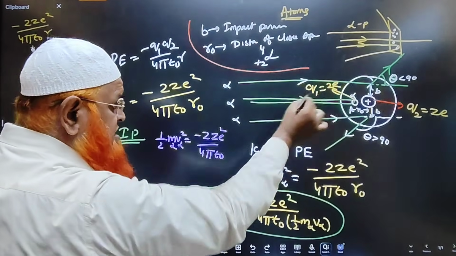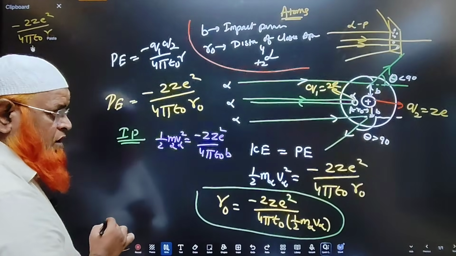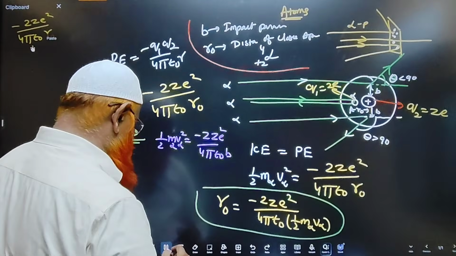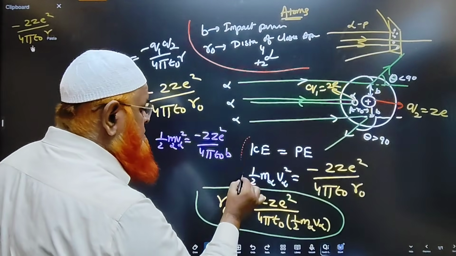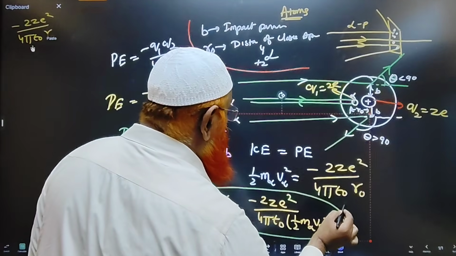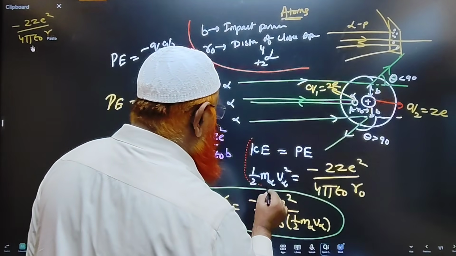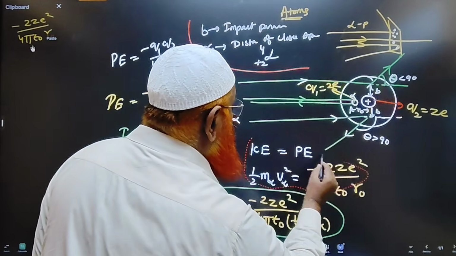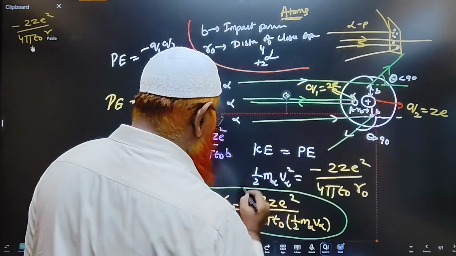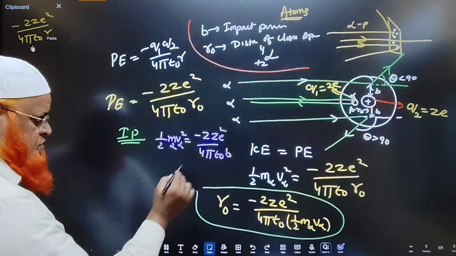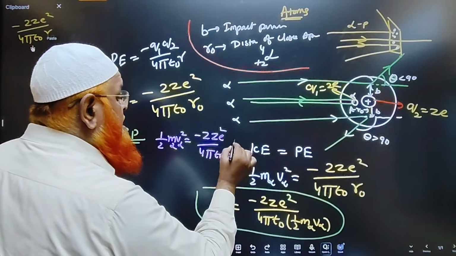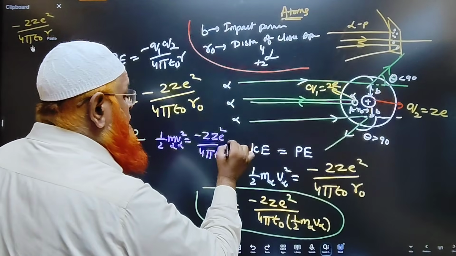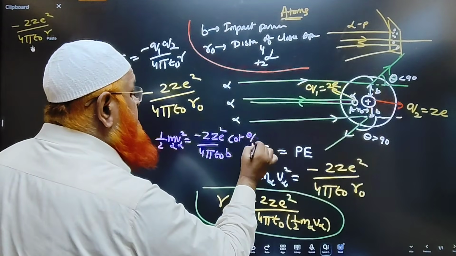I will not take r naught there, I will take the distance as b. And also I write here cot theta by 2.